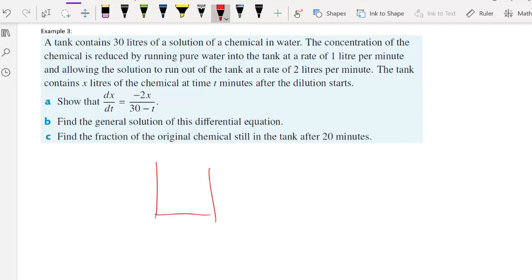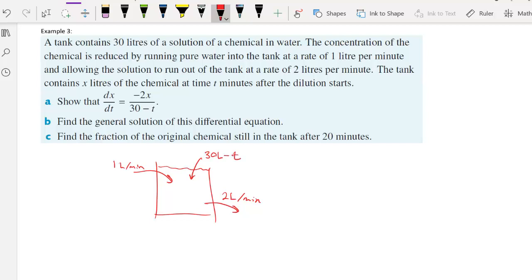So we've got our tank, and we've got water coming in at 1 liter per minute, and the solution running out at 2 liters per minute. Now, if we assume the chemical is evenly distributed throughout the mixture, we'll be able to say that at any point in time we have 30 - t liters.